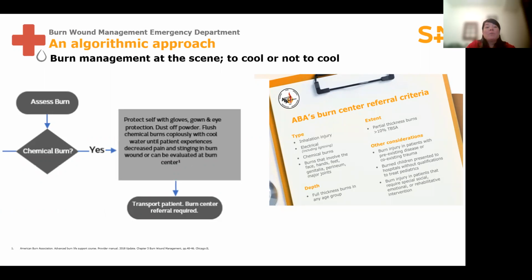Then flush copiously with room temperature or cool water until the patient experiences decreased pain and stinging. And then the burn wound is going to be evaluated at the treating burn center.